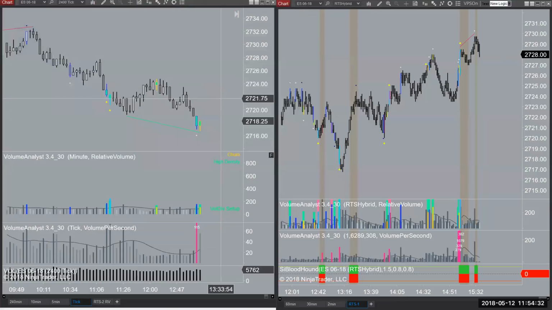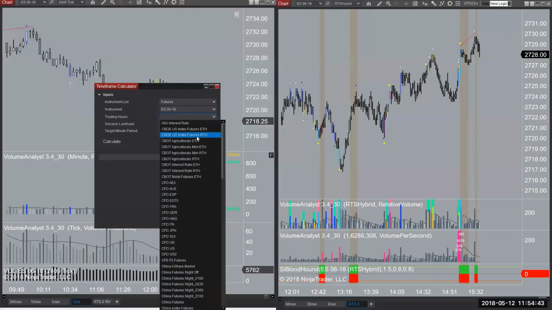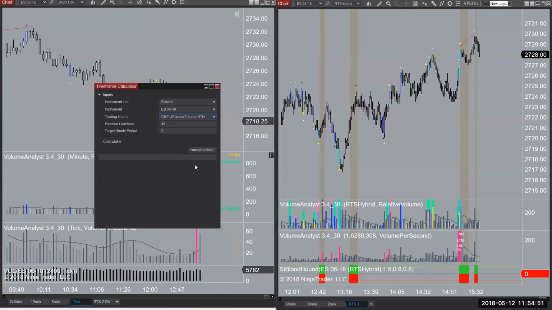So what you do is figure out which list your instrument is on, which is futures. So we're looking at futures, ES, and I want to use the RTH session, so that's the CME US Index Futures RTH. I want to look back 10 sessions, my target minute period is 3, and then I click calculate.